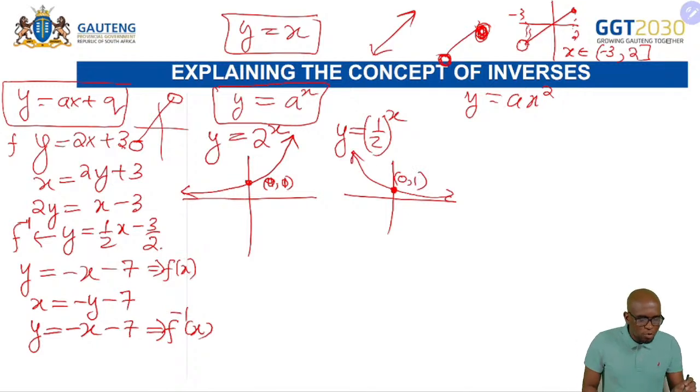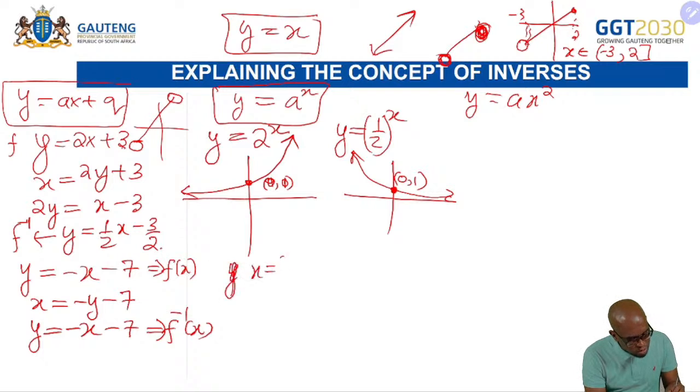Now, if you are to interchange x and y in these ones, you would see that x would be equals to 2 to the y. And in order for us to get the function, we need to change this to logarithmic form in order to make y the subject.